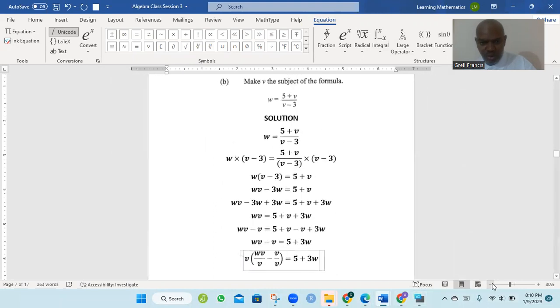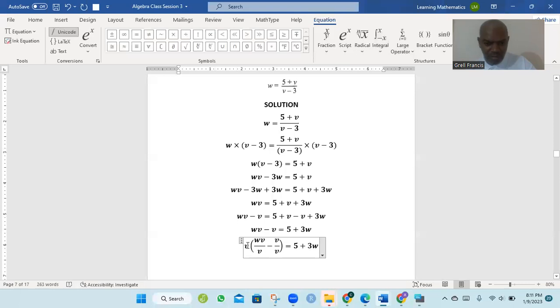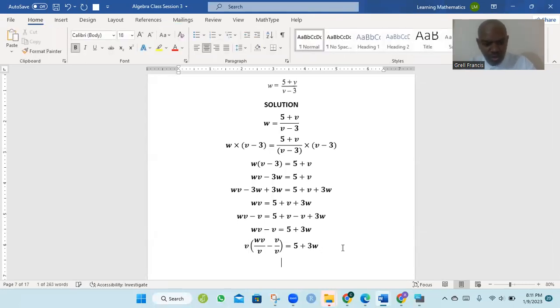So to know what's coming in the bracket now, we have V outside of the bracket, and WV divided by V is W, and minus V divided by V is minus 1. Close bracket, equal to 5 plus 3W. So you can see we factored out V, and V appears only once.